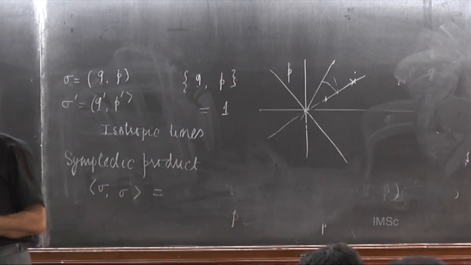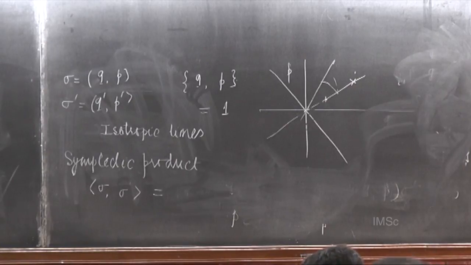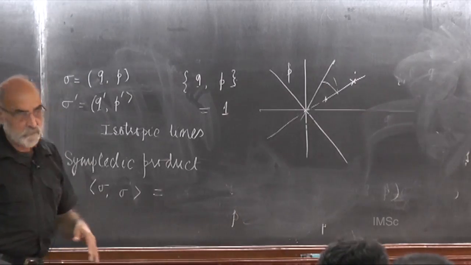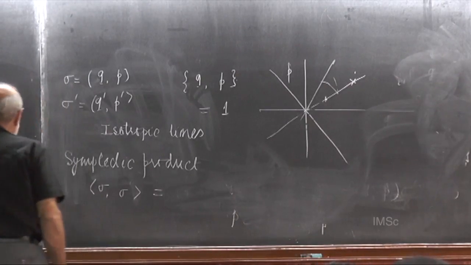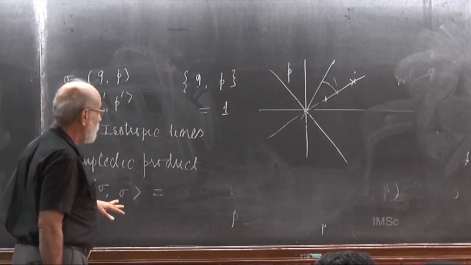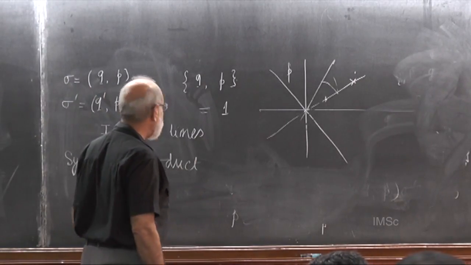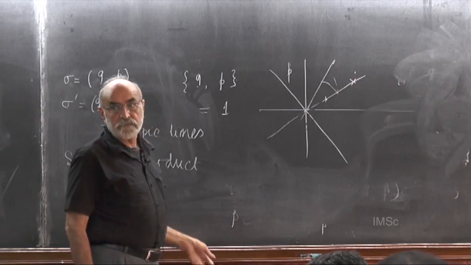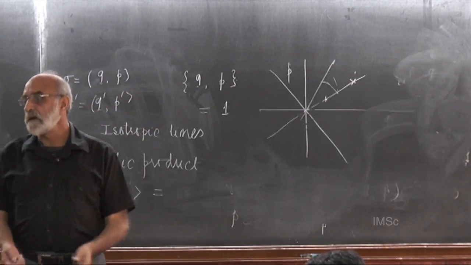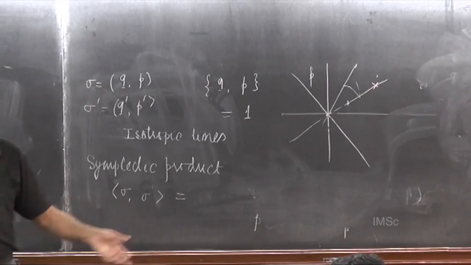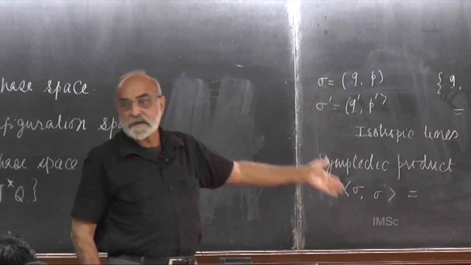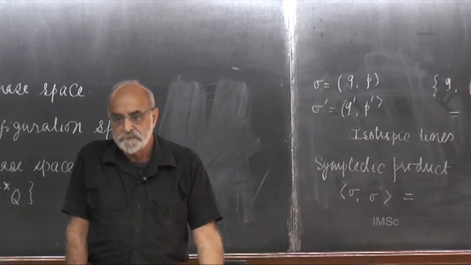So, this is the effect of linear canonical transformations on the phase space. Any questions at this level? All right. So, what we have learnt is, and you can also see, that if sigma and sigma prime are two points, then under the canonical transformations the symplectic product remains unchanged.